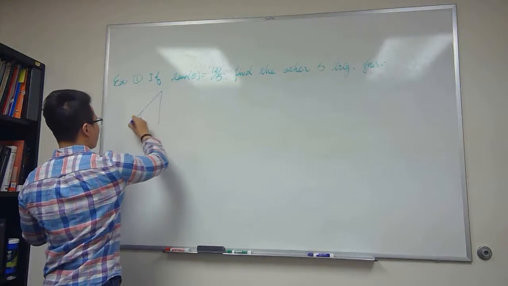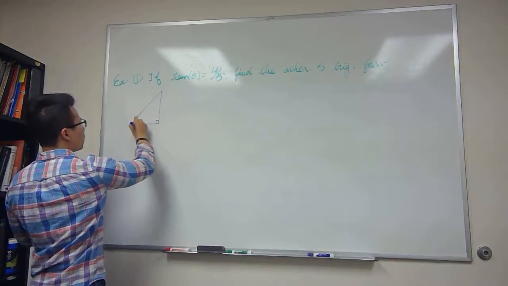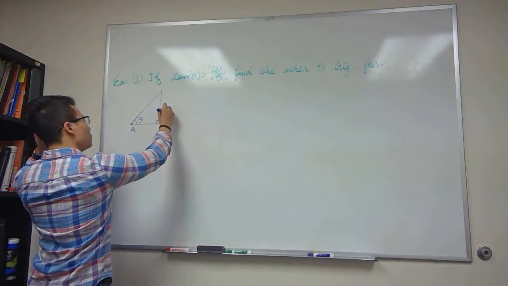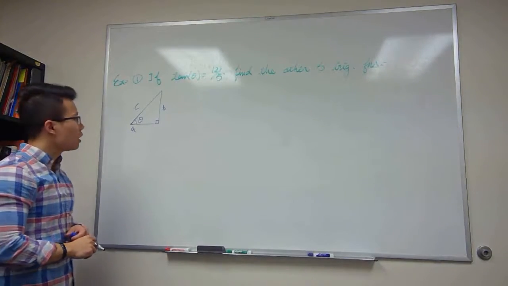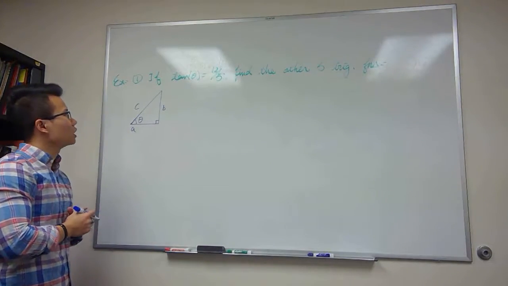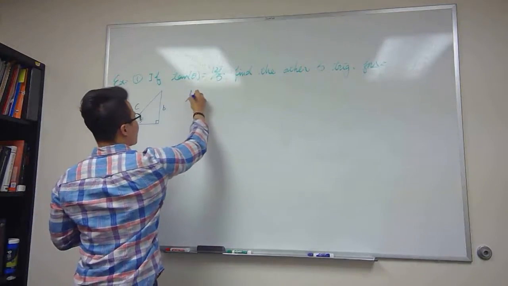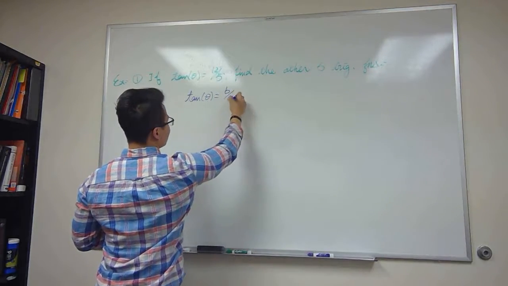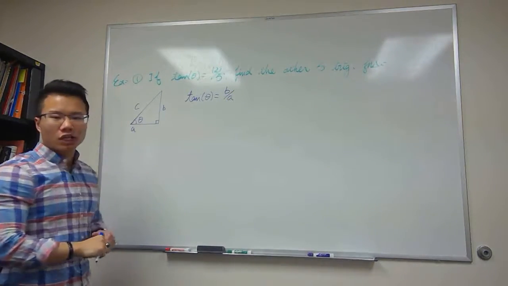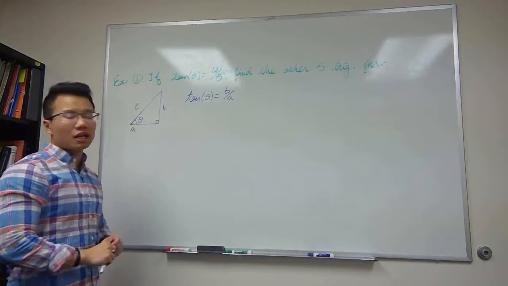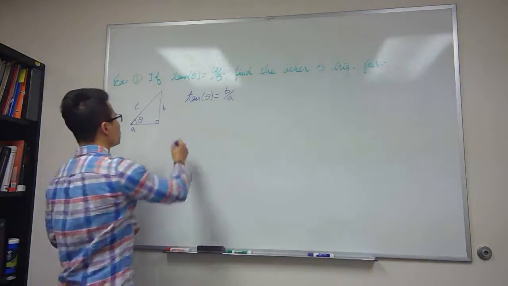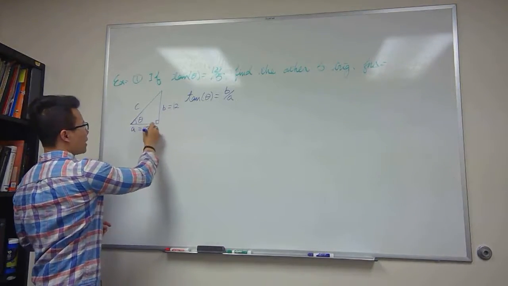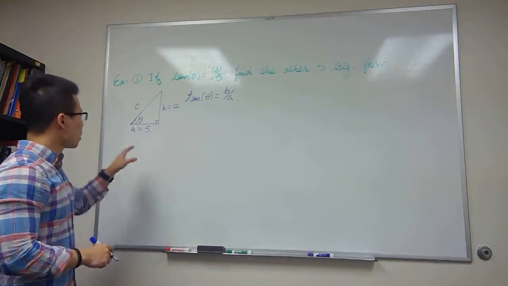We have a triangle in here, and we call this angle theta, and you mark the sides A, B, and C. From the previous trigonometry formulas, we know tangent theta equals B over A. And since the equation gives us tangent theta is 12 over 5, we can mark B as 12 and A as 5.